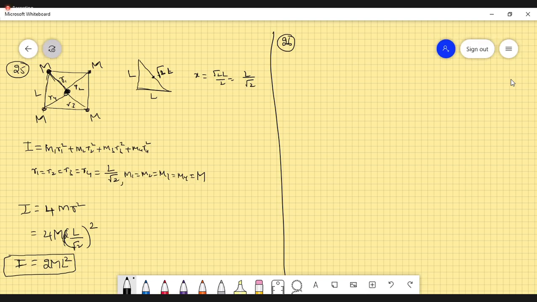So first, what is the moment of inertia?